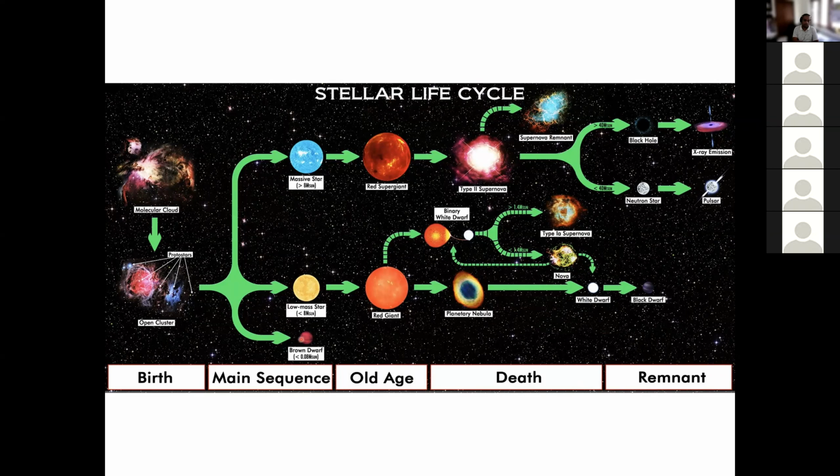What I am doing here is taking you along this path. You have a low mass star and it has become a red giant. Now I am going to talk about what happens after the red giant. The star will become a planetary nebula and a white dwarf at the end. So that's what will happen for these low mass stars.